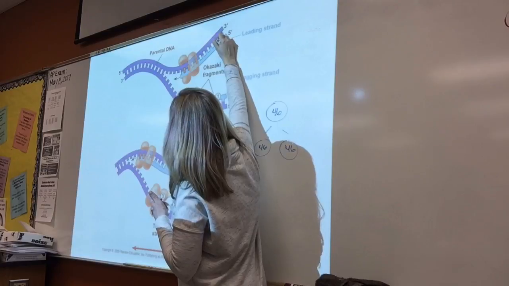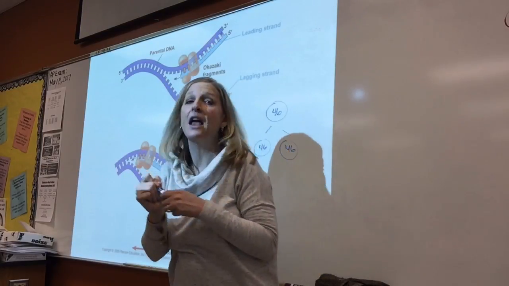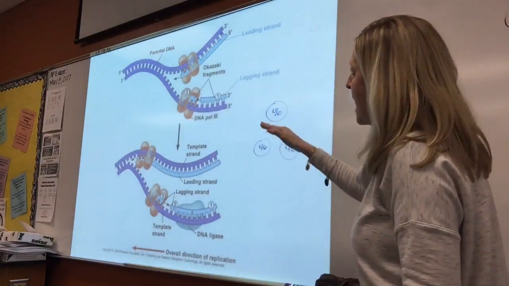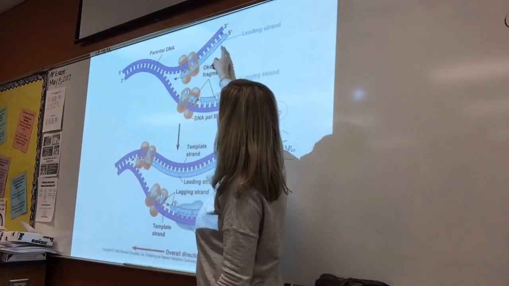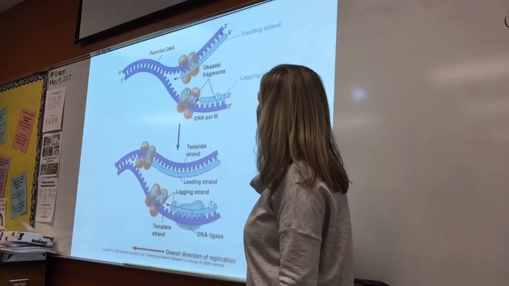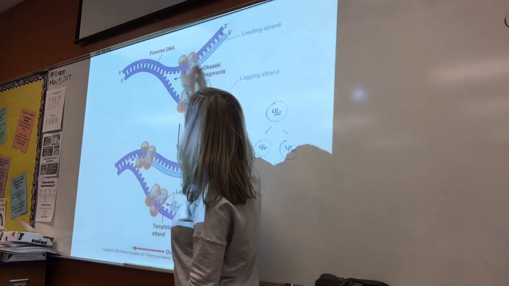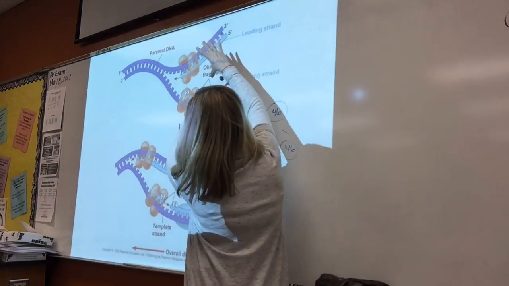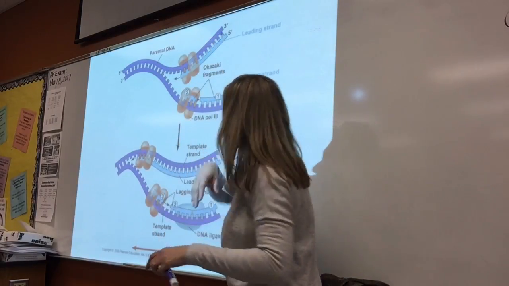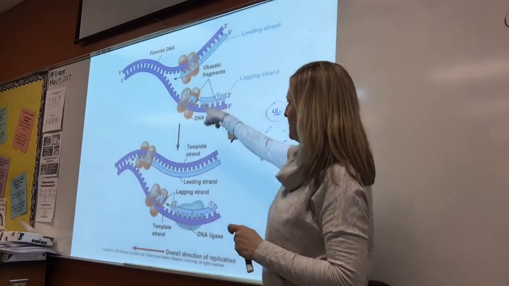If this was a C, you'd have a G, and so forth. The enzyme that helps with that is DNA polymerase 3, which adds nucleotides and grows the nucleotide strand. We have 2 sides to replicate so that we end up with 2 identical pieces of DNA from 1 piece of DNA.